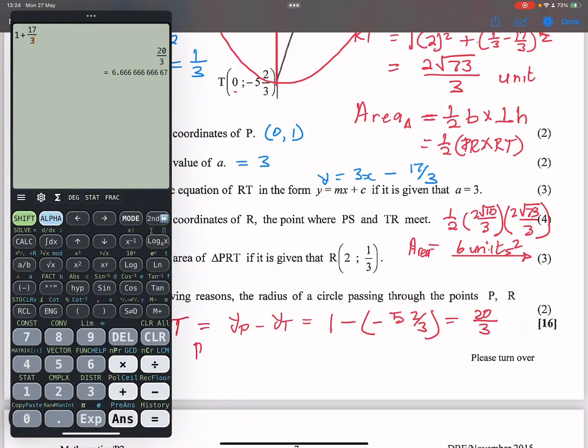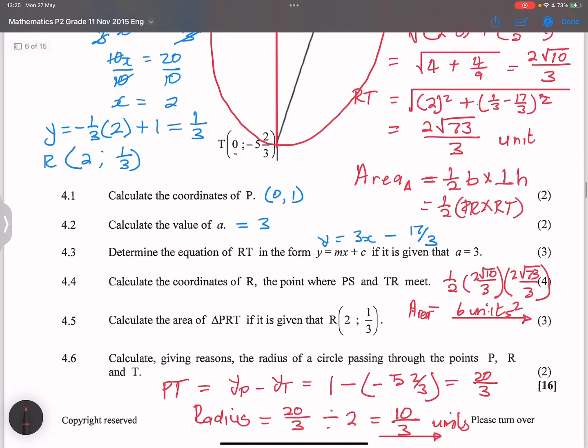So the radius of that circle would be equal to 20 over 3 divided by 2, right? So we find the answer and we divide that by 2 and we get 10 over 3. Okay, so the radius would be 10 over 3 units, and I hope that you got that, ladies and gents.